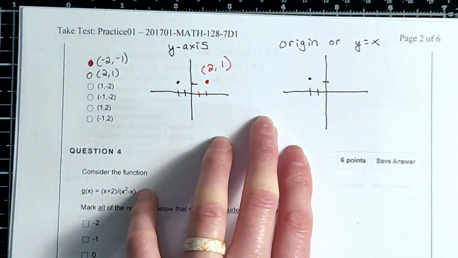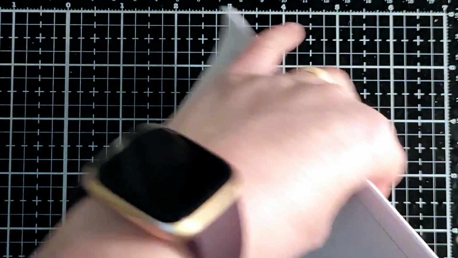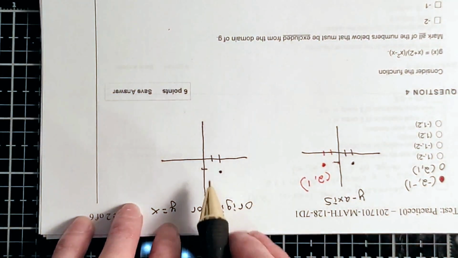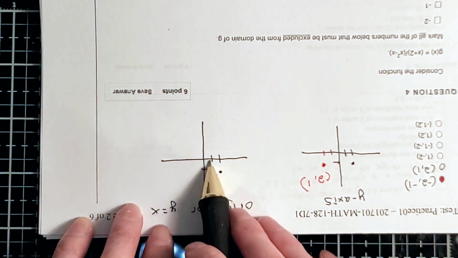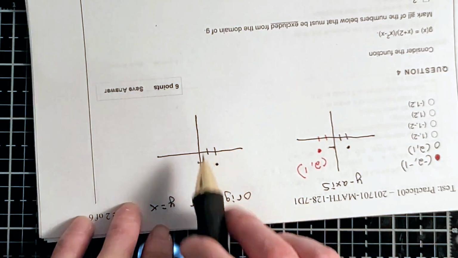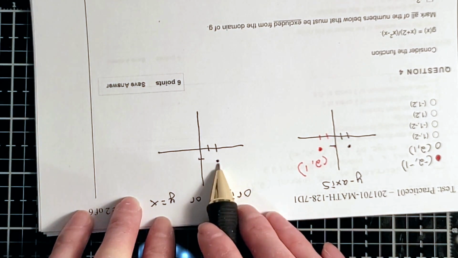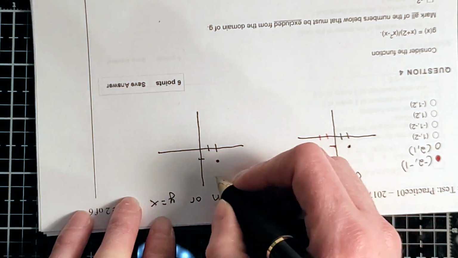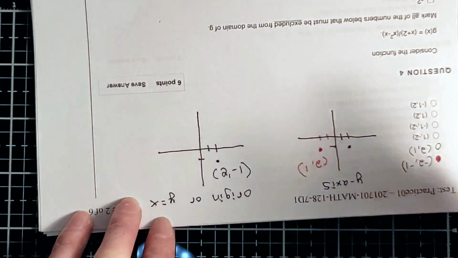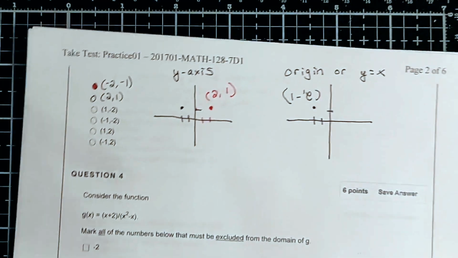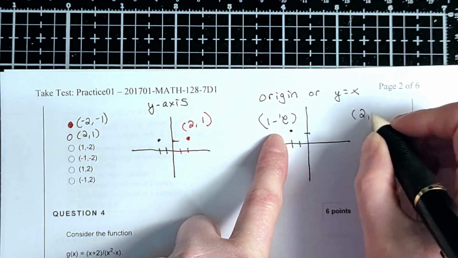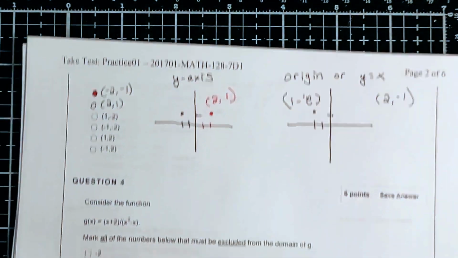What I like to do is I spin my paper upside down, and then I pretend that this is my new x axis, and these are my new y axis. I would list the points, so that would be 2, -1. And then I would turn my paper upside down, and I would be picking the one that says 2, -1 as my answer choice for that one.